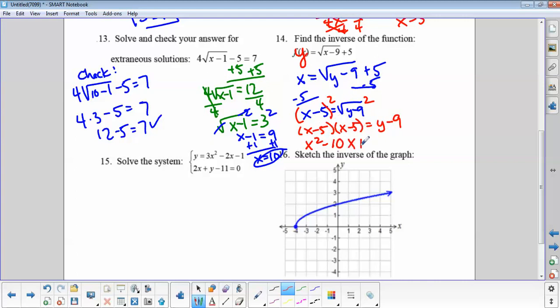Minus 5 times minus 5 is plus 25. Alright, and finally you're going to add 9 to both sides. Plus 9, plus 9. The y will be by itself, and I get y equals x squared minus 10x plus 34.